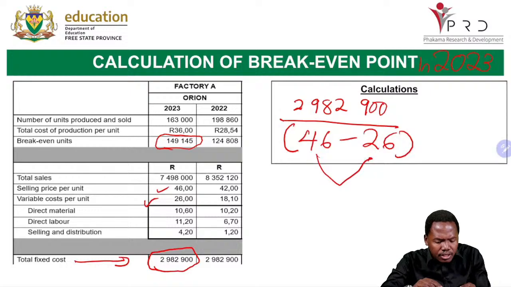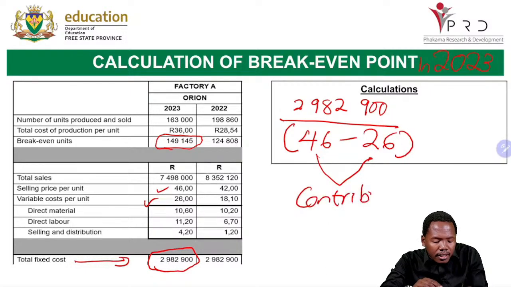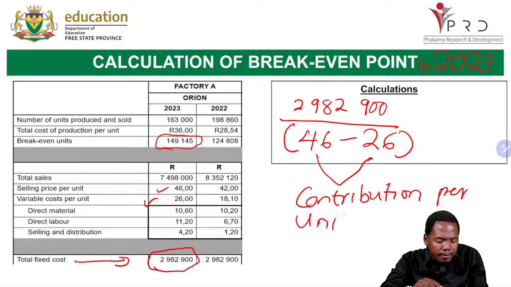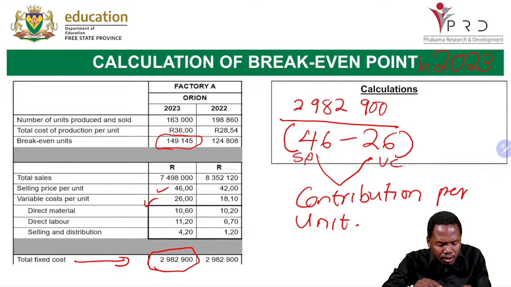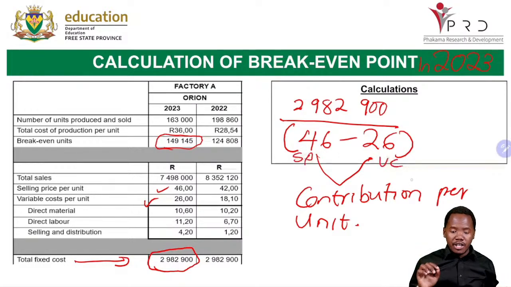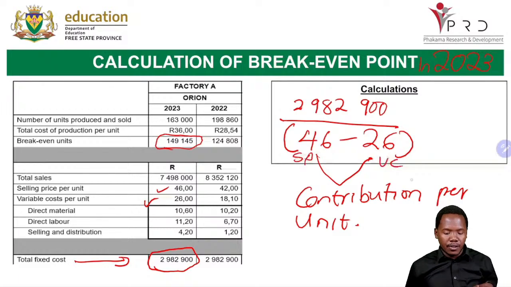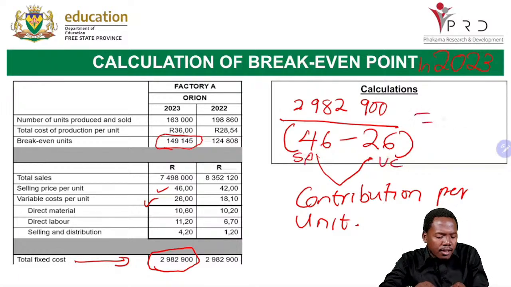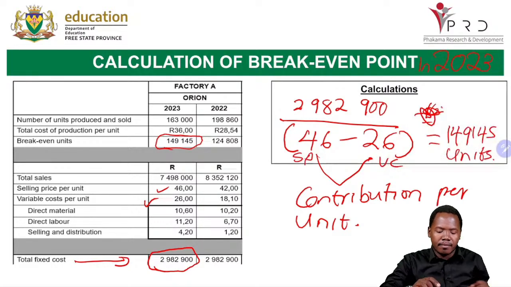Remember, what do we call this? We call this contribution per unit. That is the name of that. So selling price minus variable cost per unit is called contribution per unit. So if you do this calculation, grade 12, your answer would be 149,145 units.